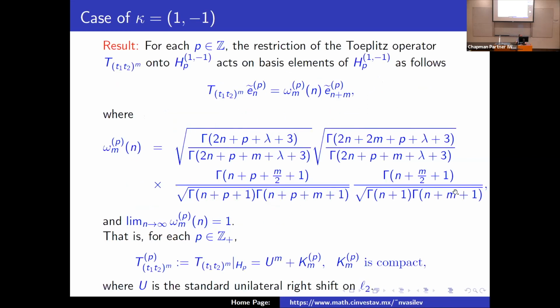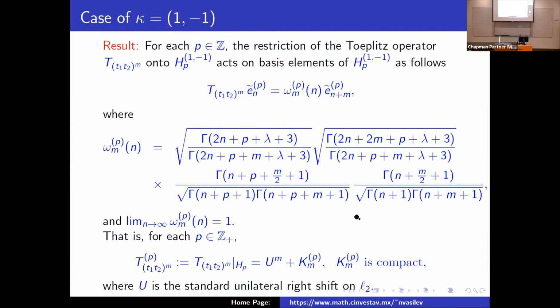What is going on with the Toeplitz operator with the symbol? It acts on basis elements as a weighted shift operator. We shift by m elements, and this is the formula for the weight, which of course depends on P, the invariant subspaces. What is important is that for each P, the limit of the weight sequence is 1 at infinity.